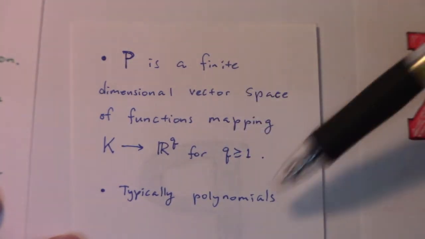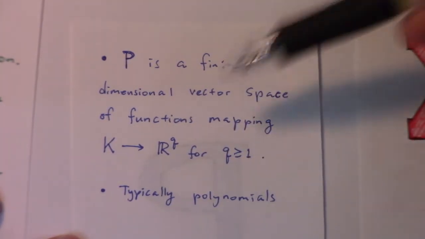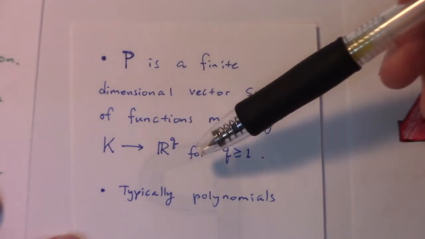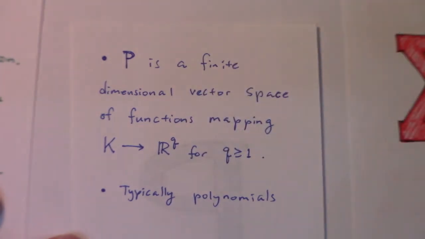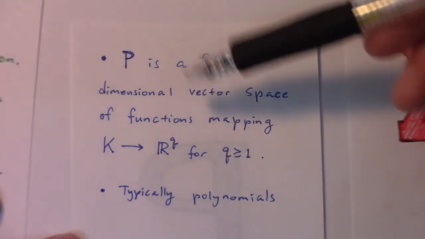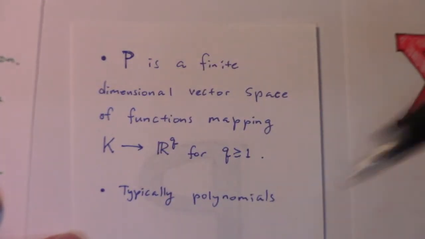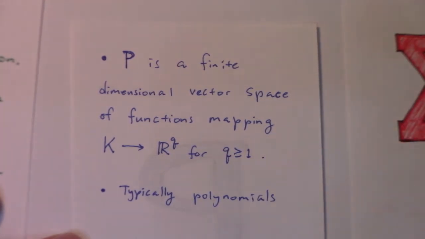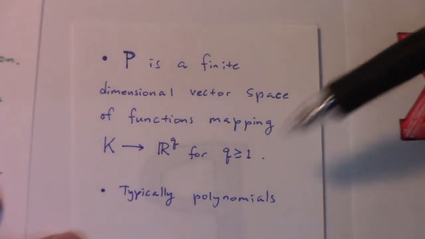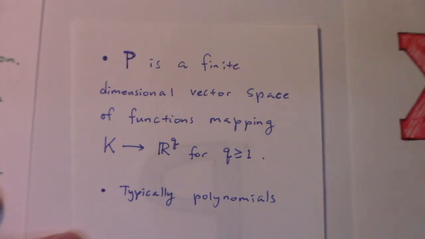Okay, so q can be anywhere from 1 to whatever number you want. So the idea is, well, you can also have vector valued functions. And typically, if you're familiar with the finite element method, oftentimes P is chosen to be polynomials. So you can think of some linear function, okay, or maybe a cubic function, something like that.